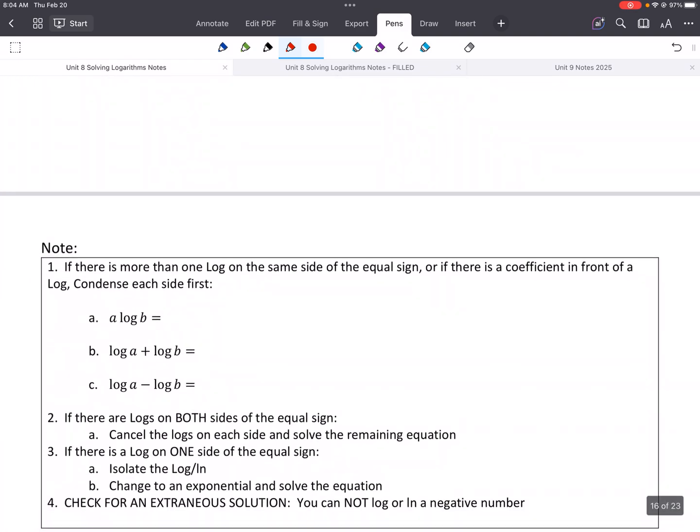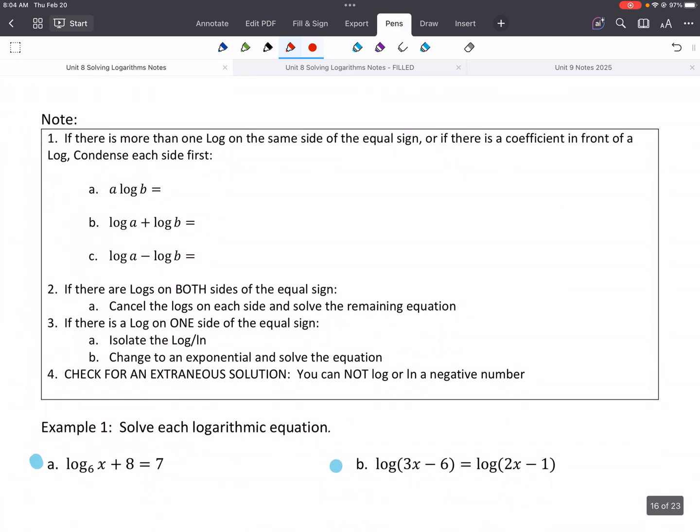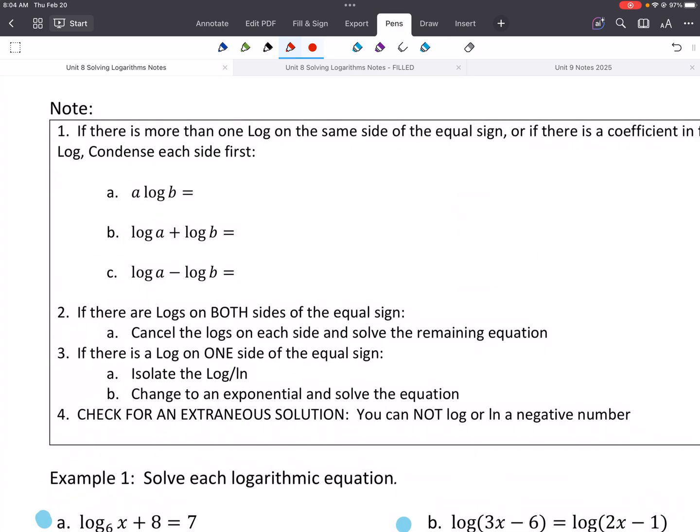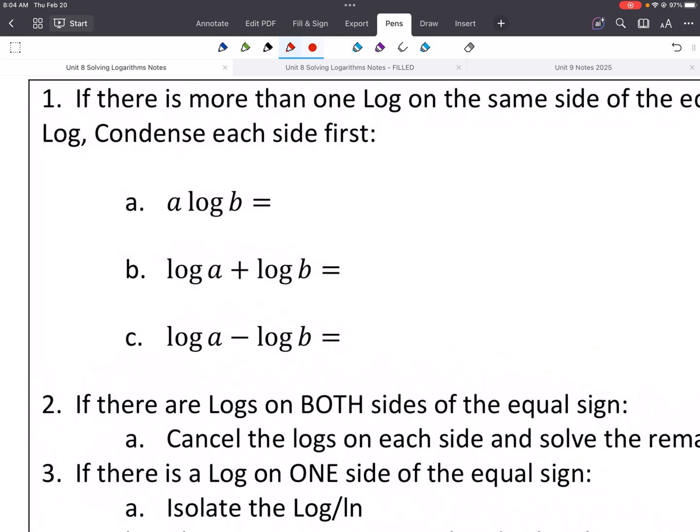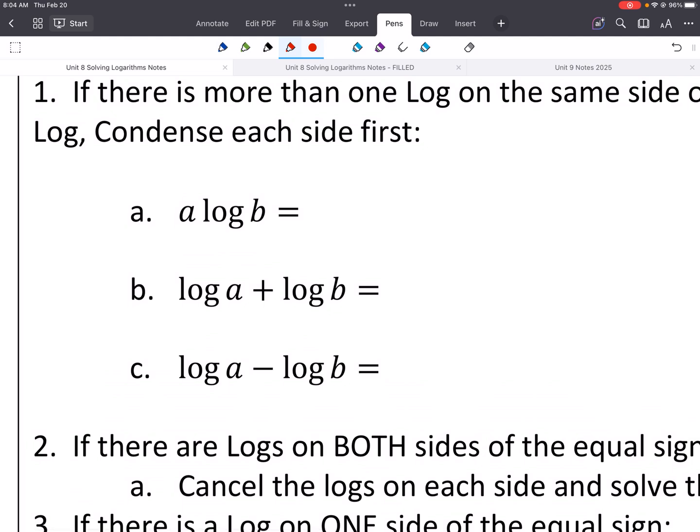So if you'll just come to the next page, when we are solving log equations, oftentimes we'll need to use some of the rules that we learned at the beginning of the unit. So here, if we see a times log b, then we can rearrange that to be log b to the a.